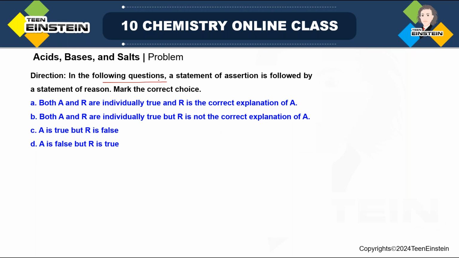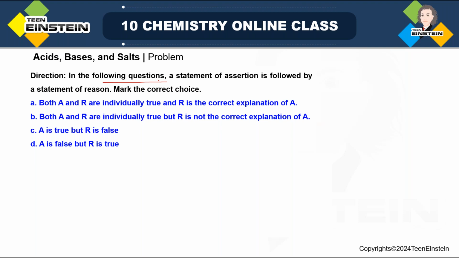So when the problem appears, you will see two statements in each problem. One statement is the assertion and the second statement is the reason. There will be a total of 3 problems. Among these 4 options, A, B, C, D, which are applicable for all these 3 problems, you have to choose any one of A, B, C, or D.